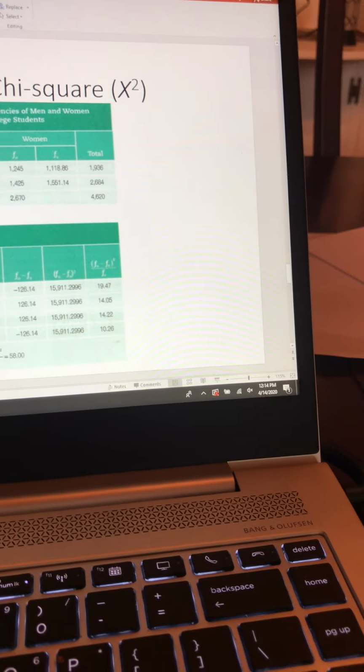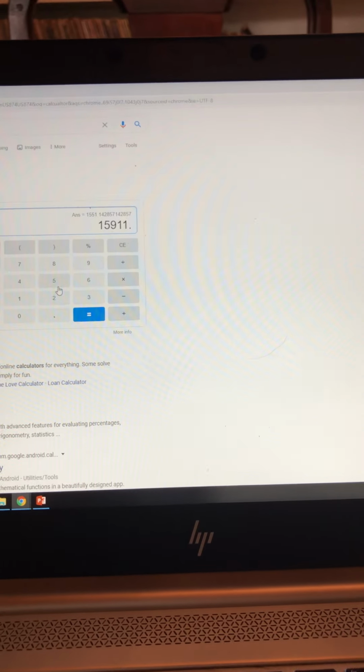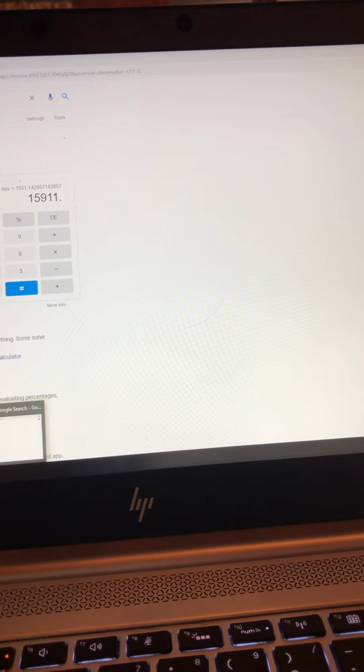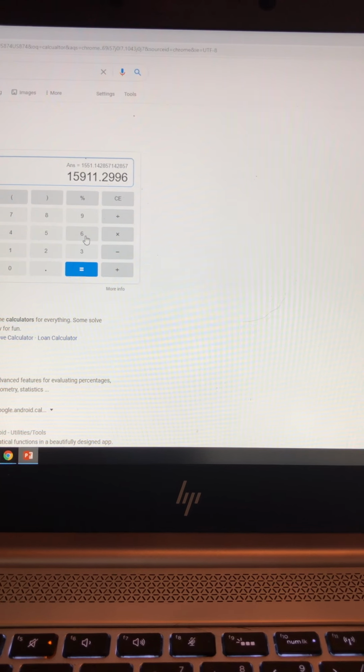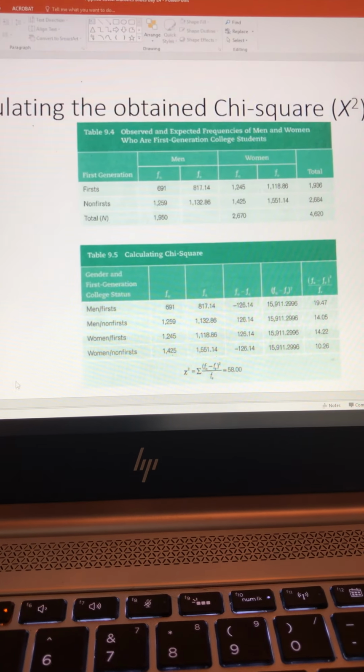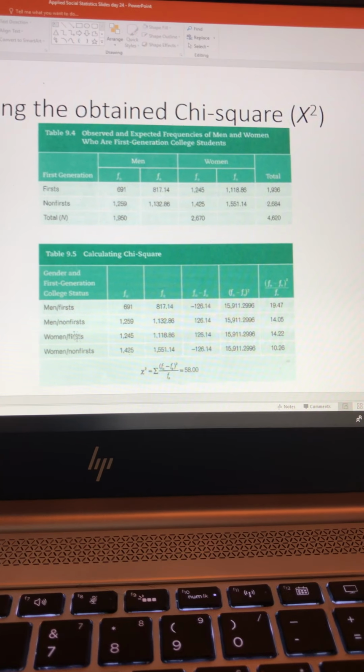15,911.2996. That's your observed minus expected squared for men first.